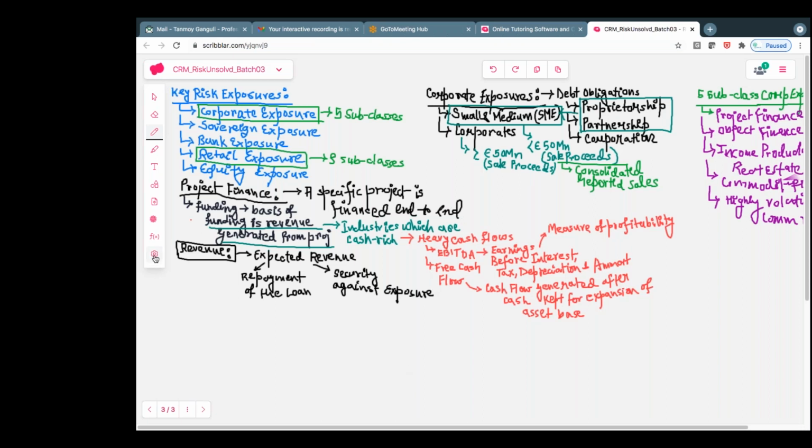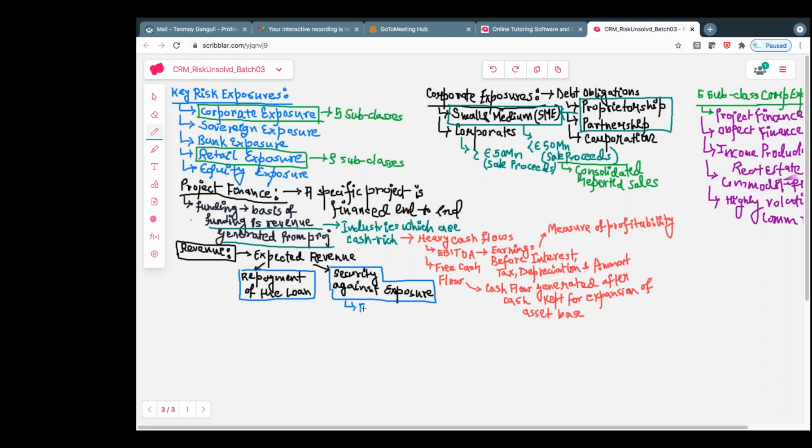So on one side, we are using this revenue to repay the loan, right? In case of a default, this revenue will act as a security against the exposure. That means the bank will have a first lien on this revenue that is generated in the event of an impairment, right?